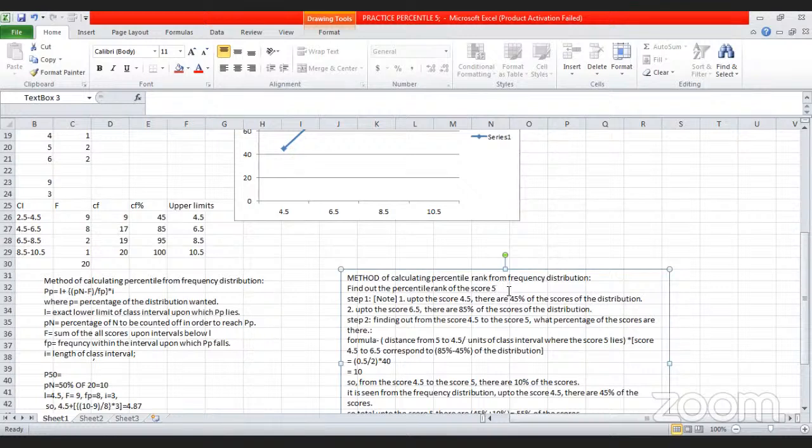Okay. Now, if the score is 5, to find out the percentile rank, we have to first note that up to the score 4.5, 45% of the scores are there. And up to the score 6.5, from 2.5 to 6.5, 85% of the scores are there.